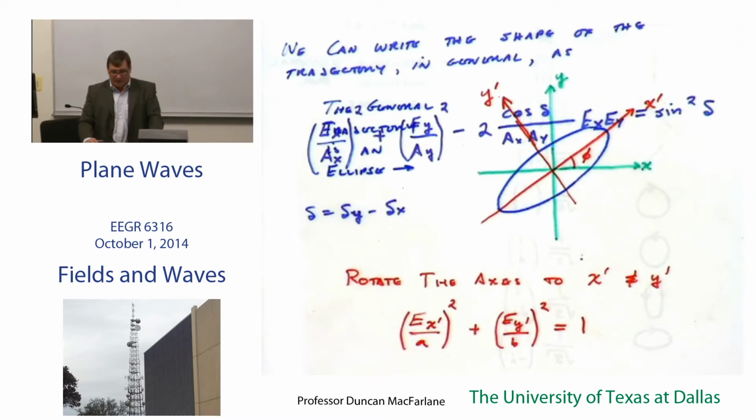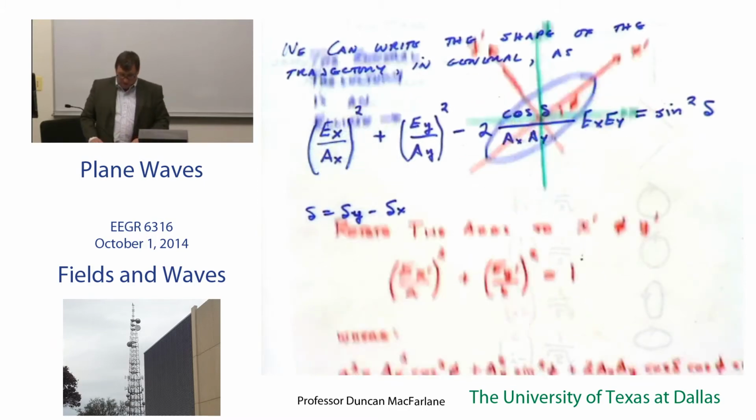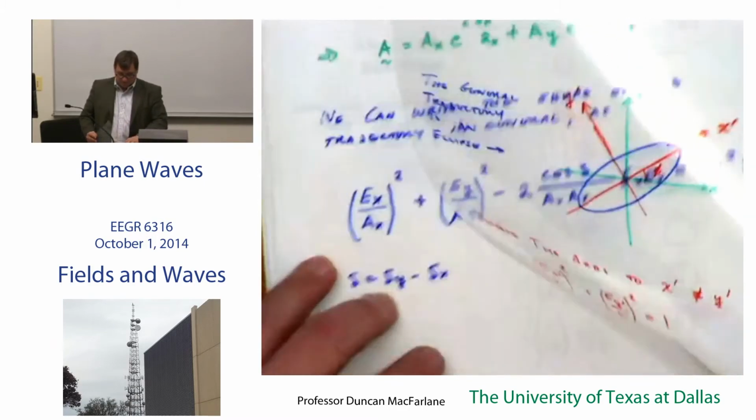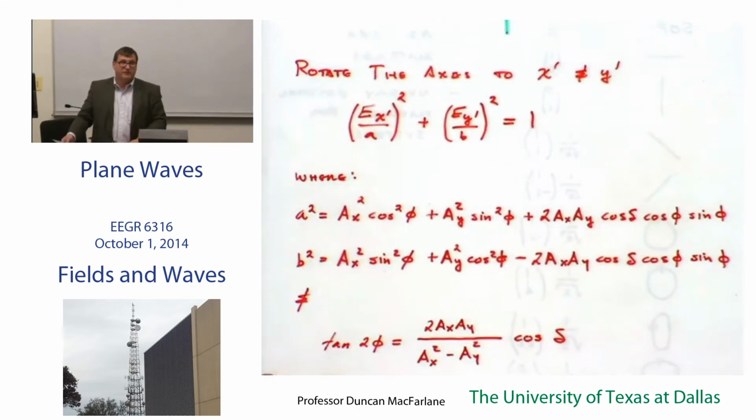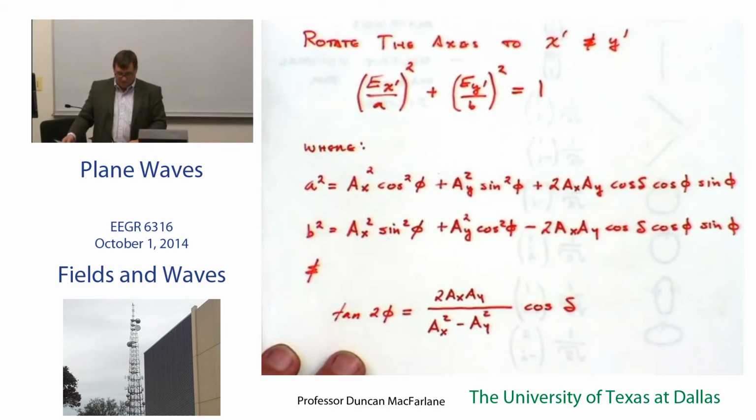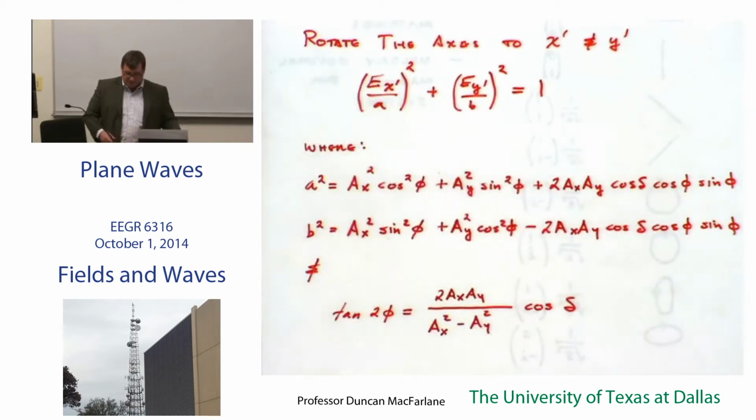If A is equal to B, I have a circular polarization. If Ey prime goes to 0, I have Ex linear, and if Ex equals 0, I have Ey. And there's the mathematics for that transformation.